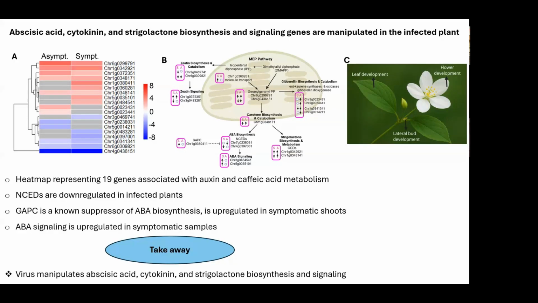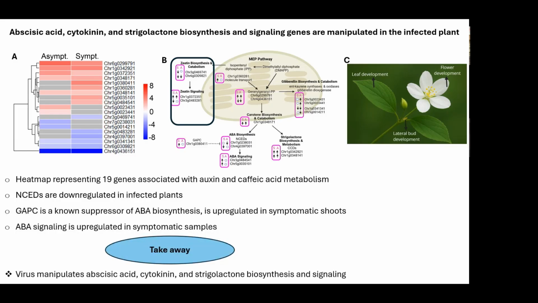And then we looked at abscisic acid, cytokinin, and strigolactone biosynthesis and signaling, how they are manipulated in the affected plant. So when we manually looked at the genes involved in ABA, cytokinin, and strigolactone biosynthesis and signaling, we identified 19 genes.